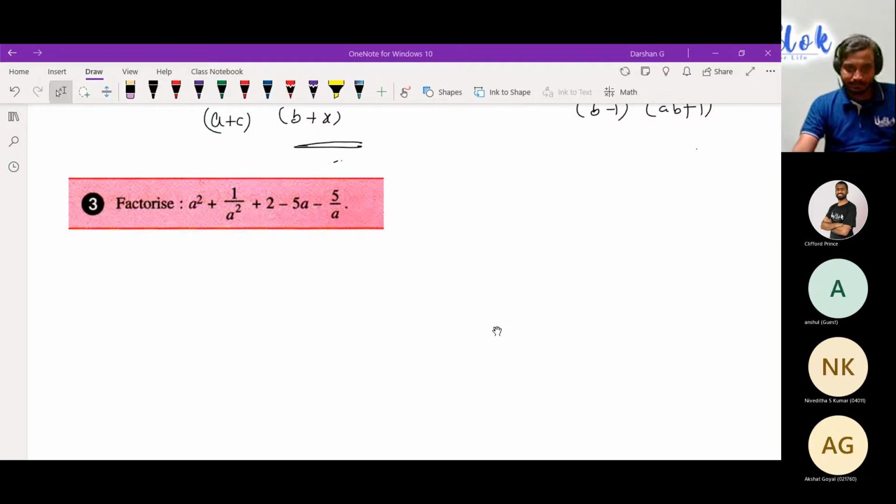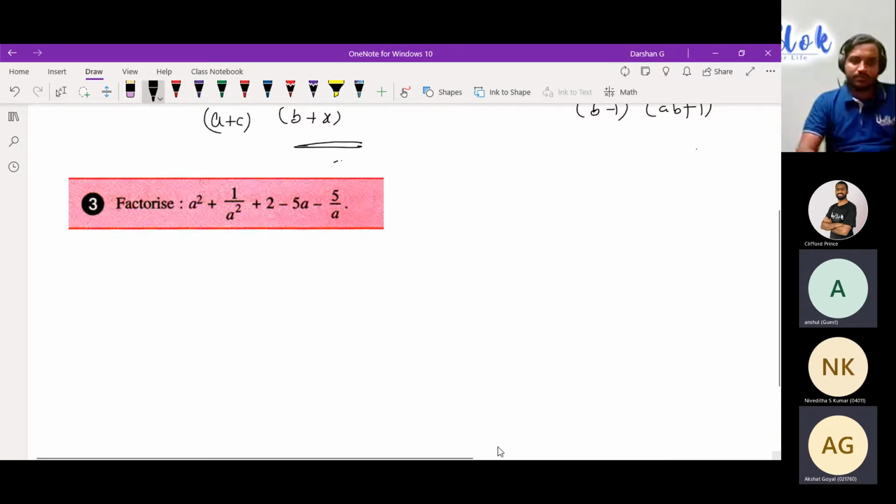Answer? This is slightly tricky. Sir, is it a plus 1 by a into a plus 1 by a minus 5? Yeah, that's right. Let's give one more minute to Anshul and Nivedita. Okay, don't worry. Sometimes you might not see it.